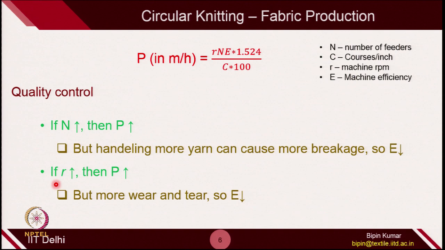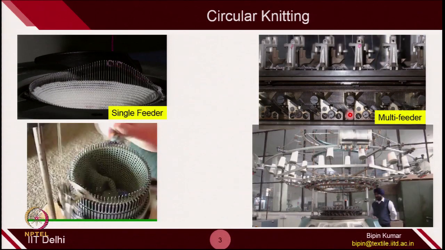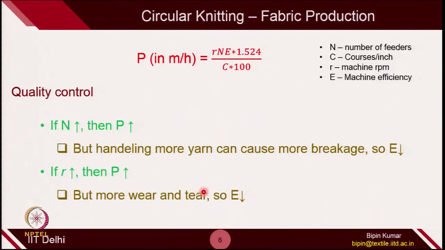So, you have to play with the feeders as well as RPM, so that you can run the machine smoothly. In reality, the highest speed achieved is around 2 meter per second for a circular knitting machine, single feeder machine, and the average speed is around 1 to 5 meter per second.